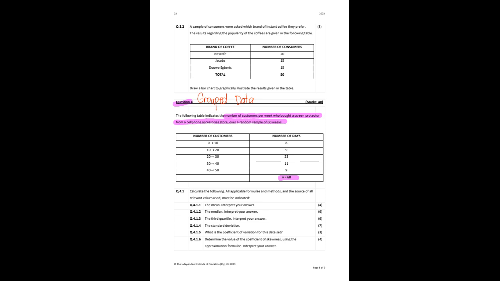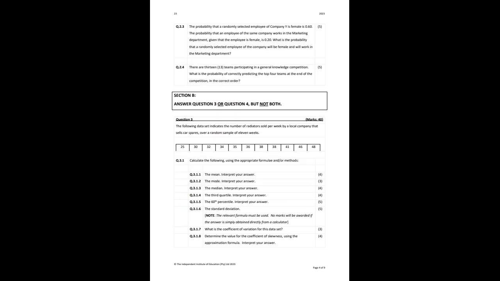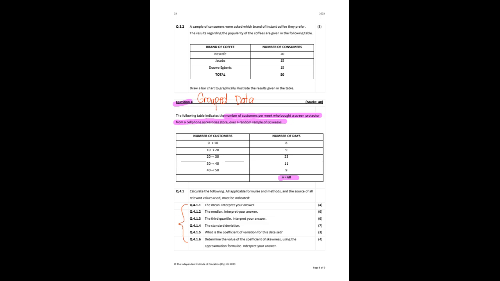They didn't ask you the mode as well. So it was the mean, the median, the third quartile, the standard deviation, the coefficient of variation, and your coefficient of skewness.